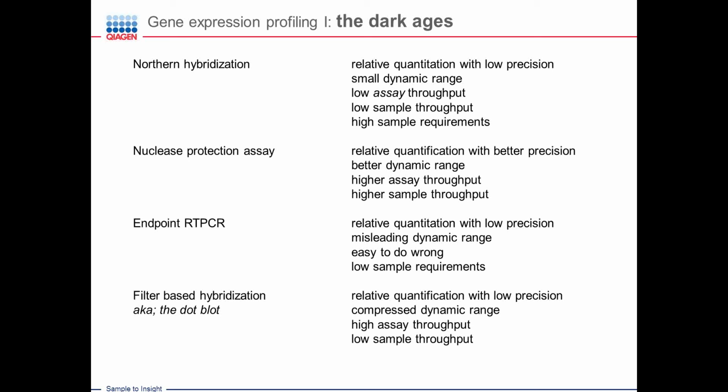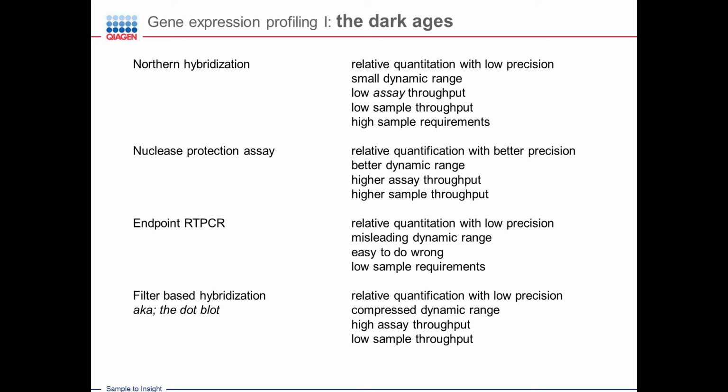Nuclease protection assays had somewhat better sensitivity and somewhat better quantification and precision than northern blotting. They required the production of radioactive probes, so they were a little bit more involved in the technical side of it. Gave you less information in terms of the size of an RNA transcript, but again, better precision, better dynamic range than a northern blot.